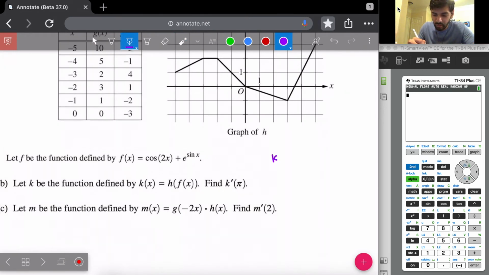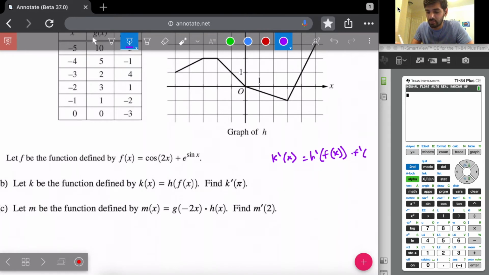If I want to find k prime of x, and I know that k is equal to h of f of x, this is going to be a chain rule. This indicates I have a composition of functions, a function within a function. So I first need to take the derivative of the outside function. So I have h prime of f of x, but since I took the derivative of something with a function within it, I need to now multiply by the derivative of the inside function.